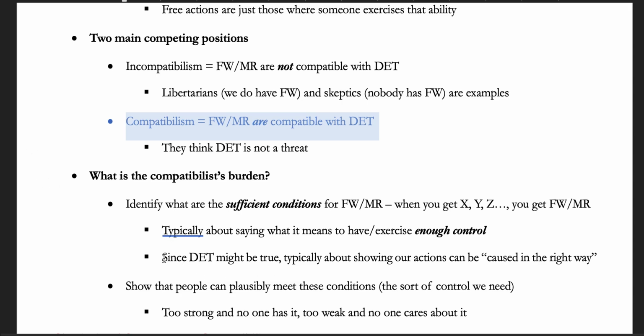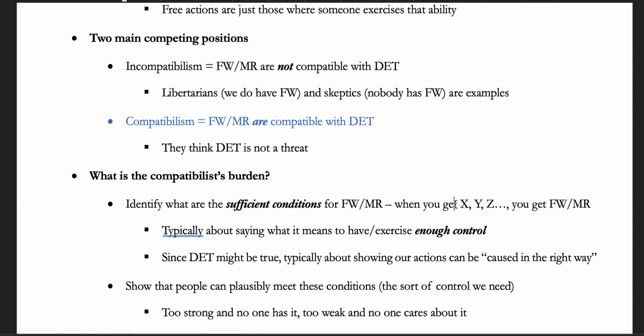Okay, and because of that, since they have to tell us what free will and responsibility is in a way that's compatible with determinism, in a way that's compatible with only one possible future, typically what they're doing is trying to tell us how our actions can be caused in the right way. So a free action, or an action for which you can be responsible, has features X, Y, and Z, and those features are going to be about what caused that action.